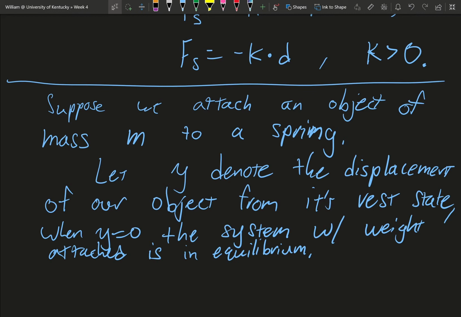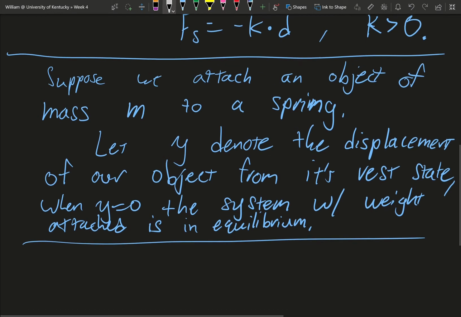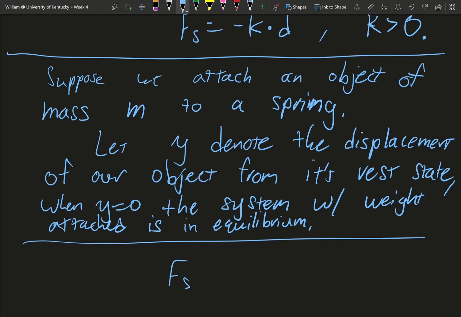Okay, so if we have this, let's think about what this means. y here is essentially our displacement, so we're going to end up with F_s equals negative k times y.